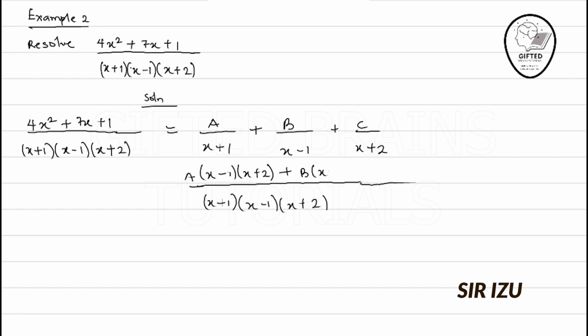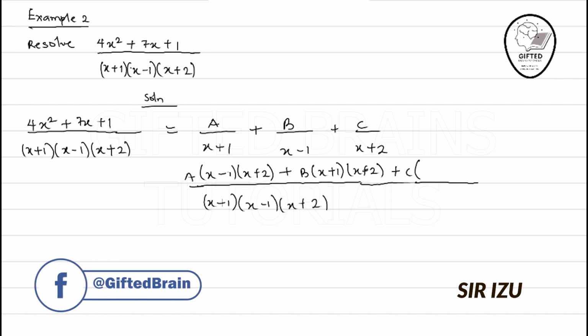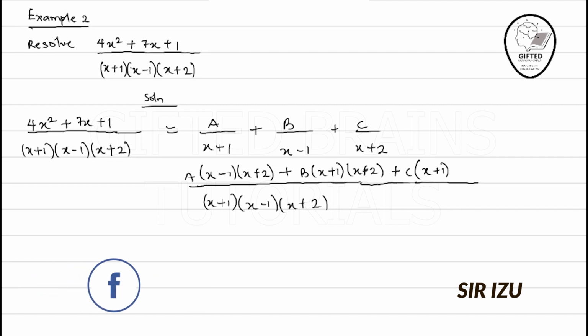So x plus 1, x plus 2, plus c into bracket. x plus 2 goes through the denominator will give me x plus 1, x minus 1 times c. And so this is what we have now.